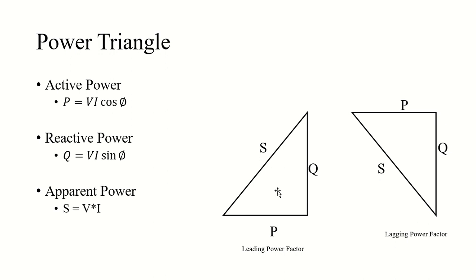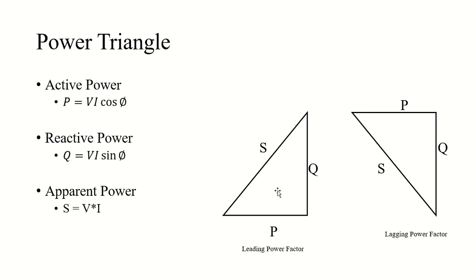Now let's discuss a few things about reactive power. The majority of electrical machines, like the transformer and induction motor, use reactive power only. Not reactive power exactly, they use the electromagnetic energy conversion principle, like Faraday's principle of electromagnetic conversion.